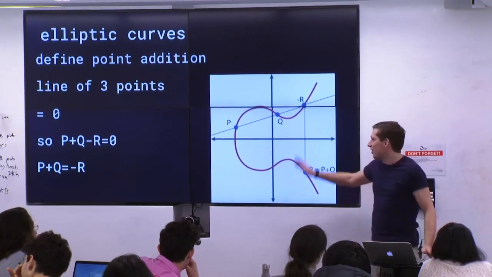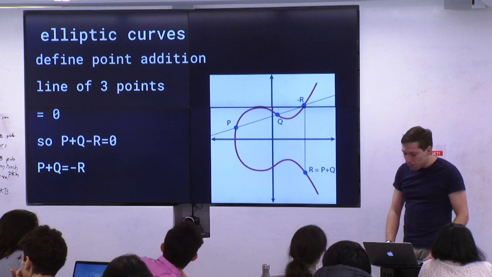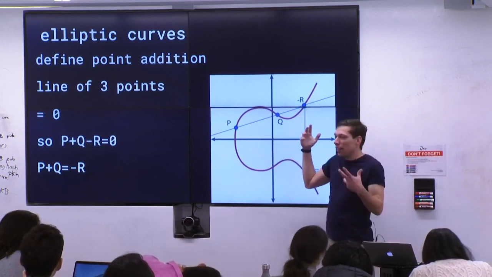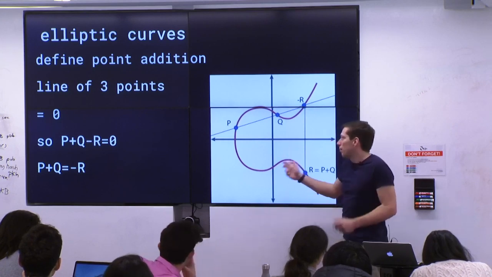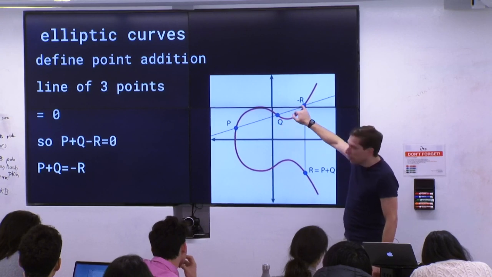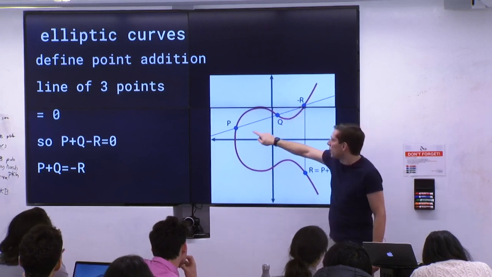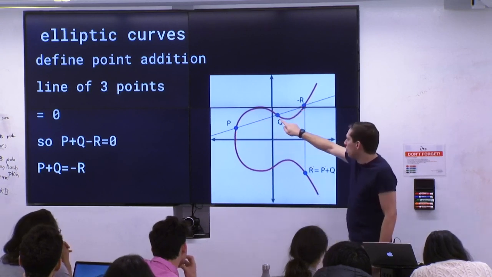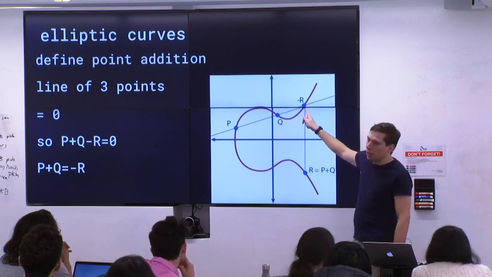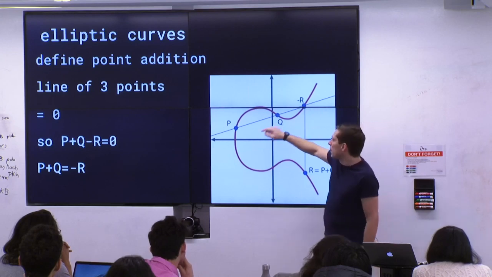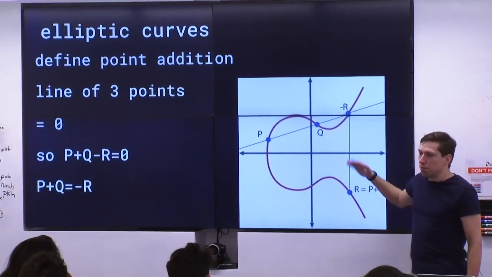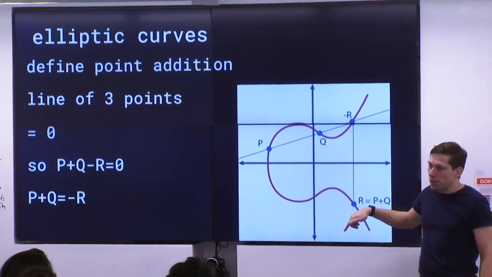So what we do is we say, okay, well, three points in a line equals 0. And so if we take this point plus this point plus this point, that's 0. Another way to say that is P plus Q minus R equals 0, or P plus Q equals negative R. And another property is the negation of a point is just that same point with the y coordinate flipped.